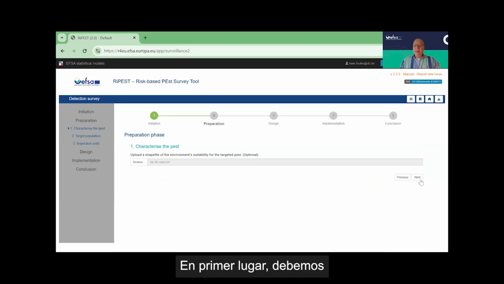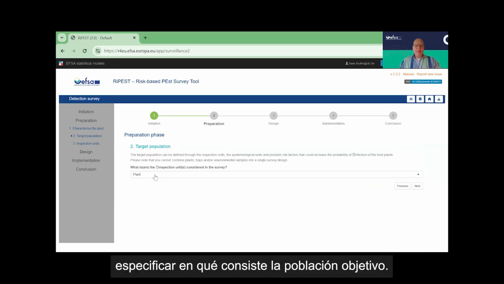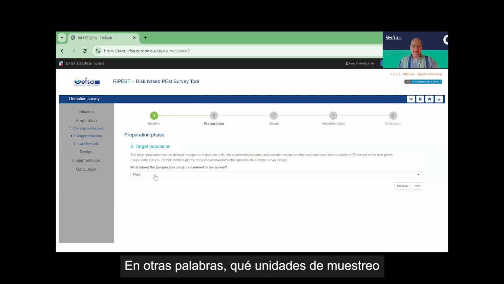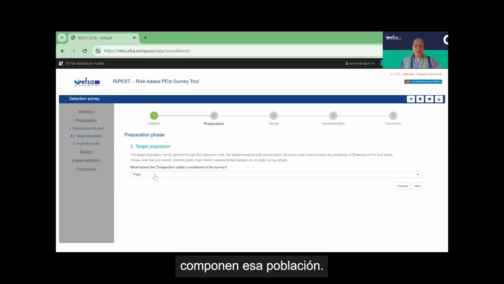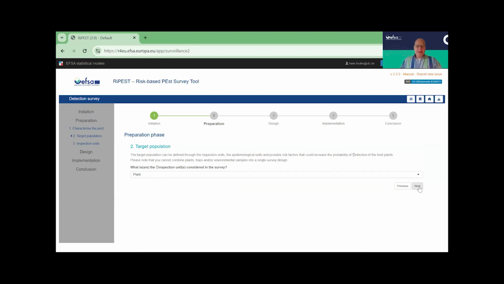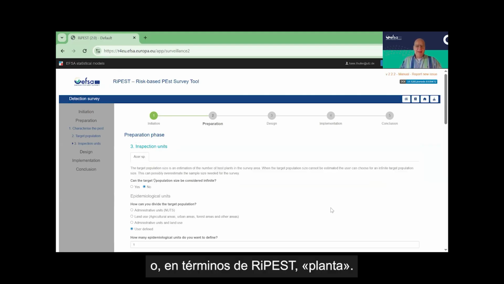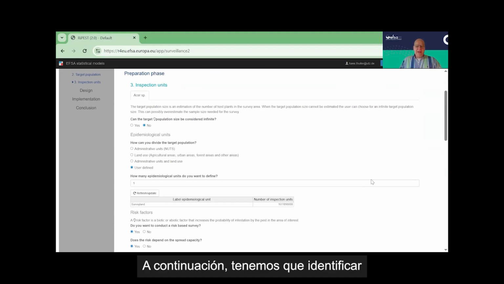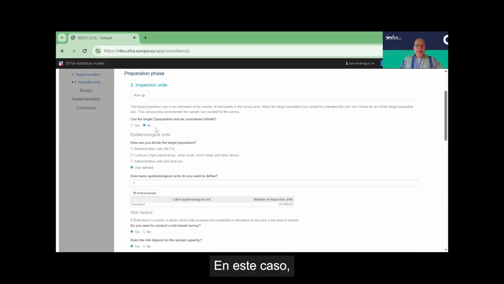So first of all, we have to specify what the target population consists of, so which inspection units constitute the target population. In our case, we have said that's the tree, or in words used in RIPEST, the plant. And then we have to specify all our host species, and we have to say whether the host population can be considered infinite.